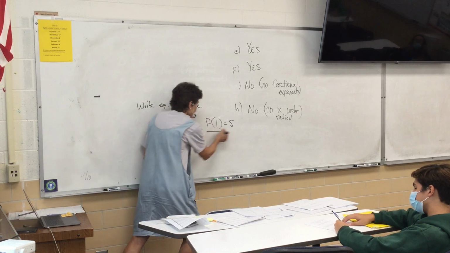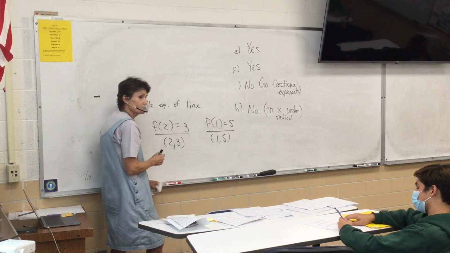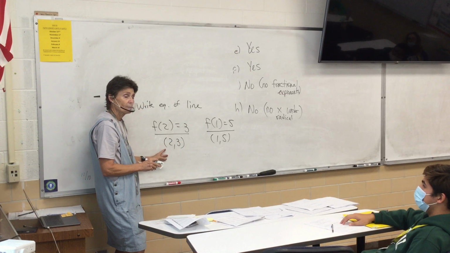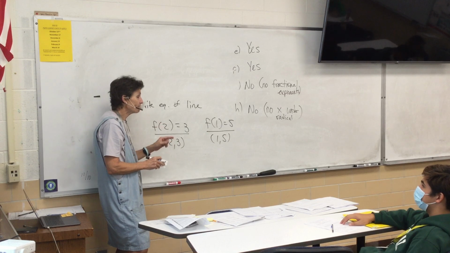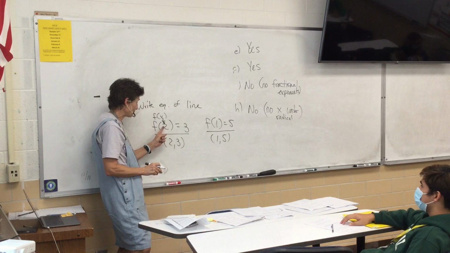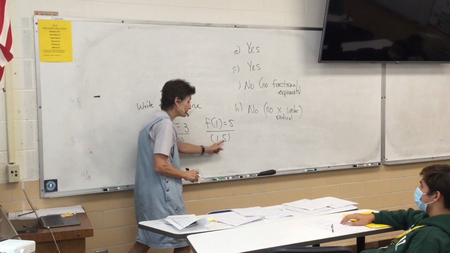And this is just a fancy way of saying (1, 5). These are points. Function notation is f of x. This is the x value. (2, 3), (1, 5).